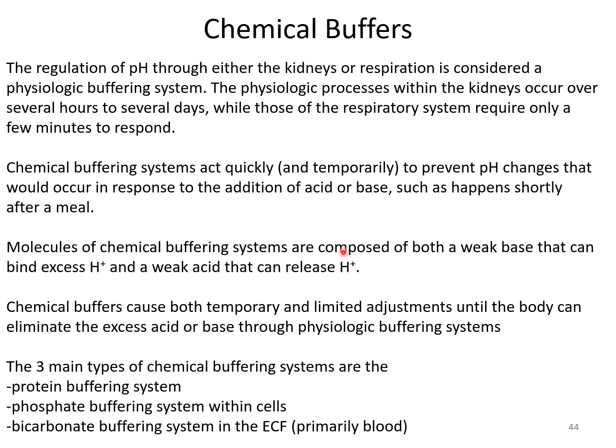Okay, so molecules that make up the chemical buffering systems are composed of a weak base and a weak acid. A weak base is something that can bind excess hydrogen ions. And a weak acid is one that can release excess hydrogen ions.